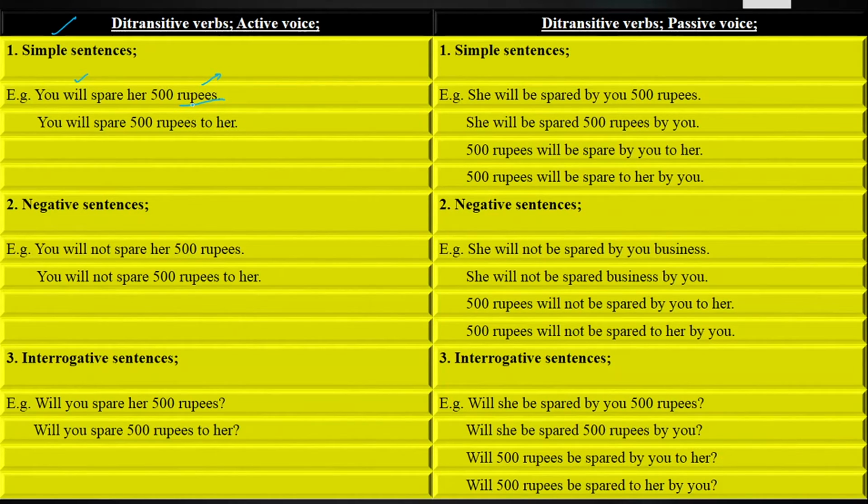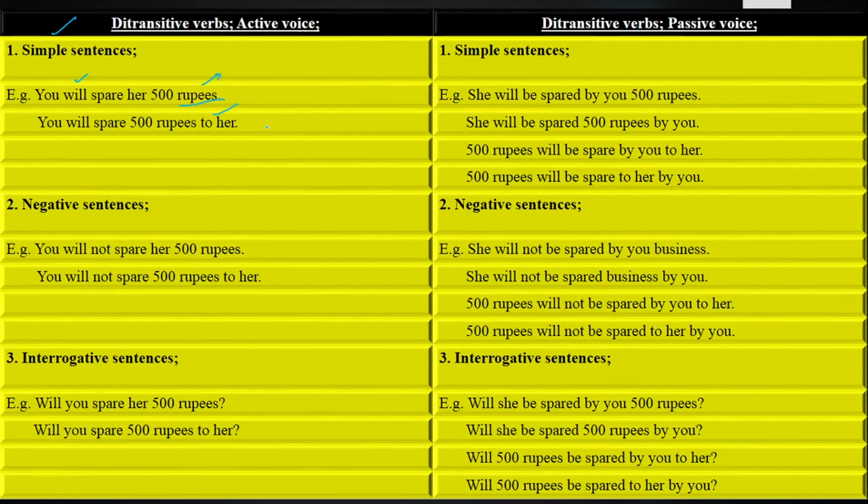In America the currency is called dollar, in Bangladesh it is called taka, in Pakistan and India it is called rupees, and in Afghanistan it is called Afghani. So different countries, different currencies. So, you will spare her 500 rupees. You will spare 500 rupees to her. These are the two ways to write them in active voice.